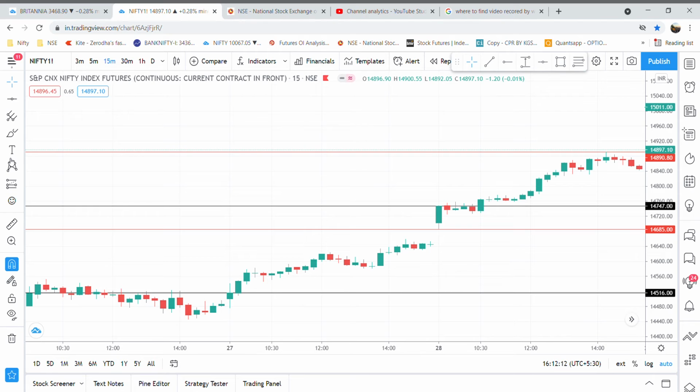Now, if Nifty opens above or below these four lines, let's say it opens here or here, then we'll consider that day a trending day. Remember, Nifty has got to open above or below these four lines. Only then do we consider it a trending day.